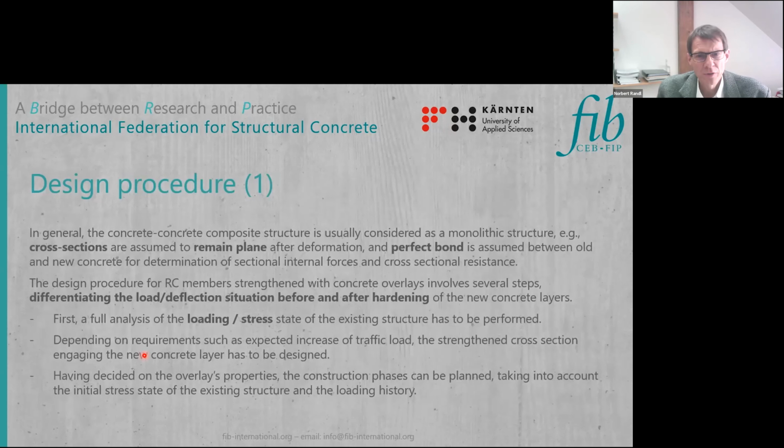Concerning the full design procedure, we usually assume perfect bond and that cross sections remain plane after deformation. We have to consider here the loading history and have to differ between load deflection situation before and after hardening of the new concrete layer.